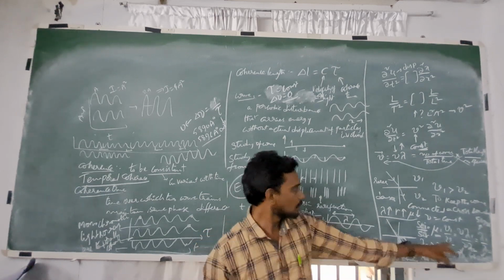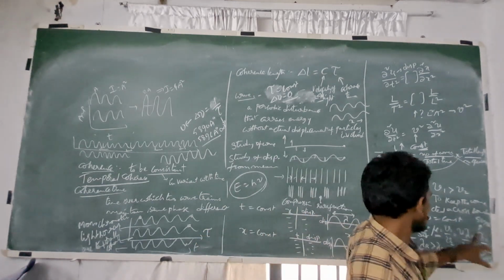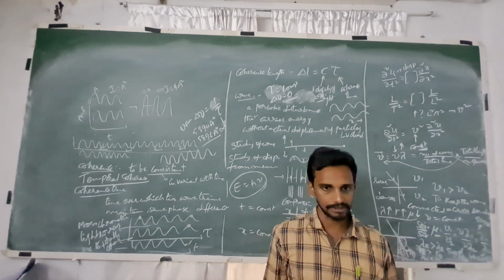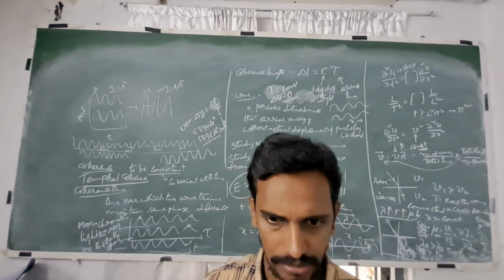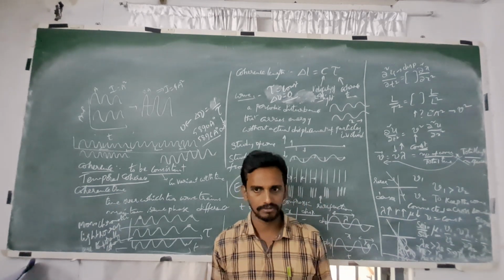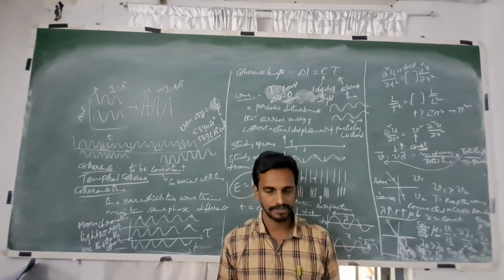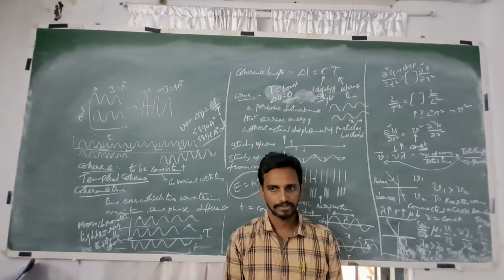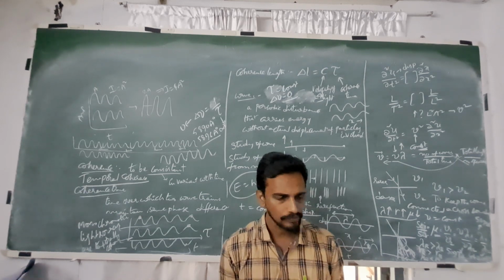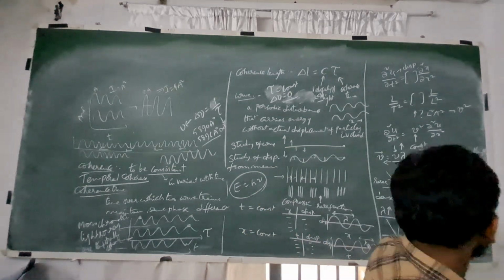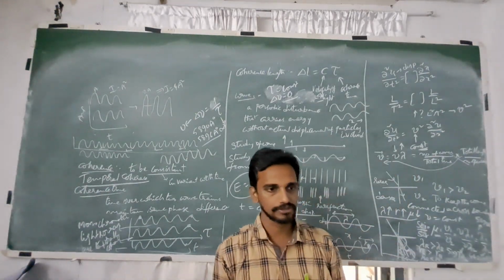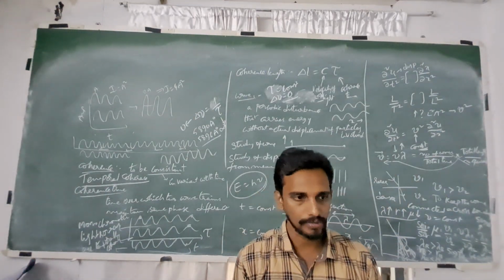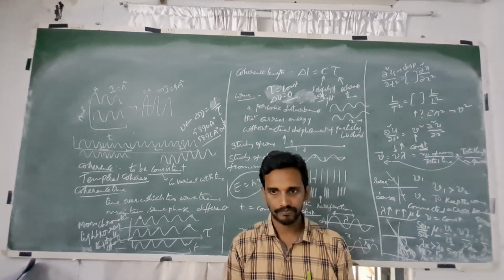So now the refractive index of water is 1.33. It is defined for which color? I mean, we have seen all colors have different refractive indices, different angles of refraction. This is actually defined for yellow color, 589 nanometers, because that was the only monochromatic light source available at that time.